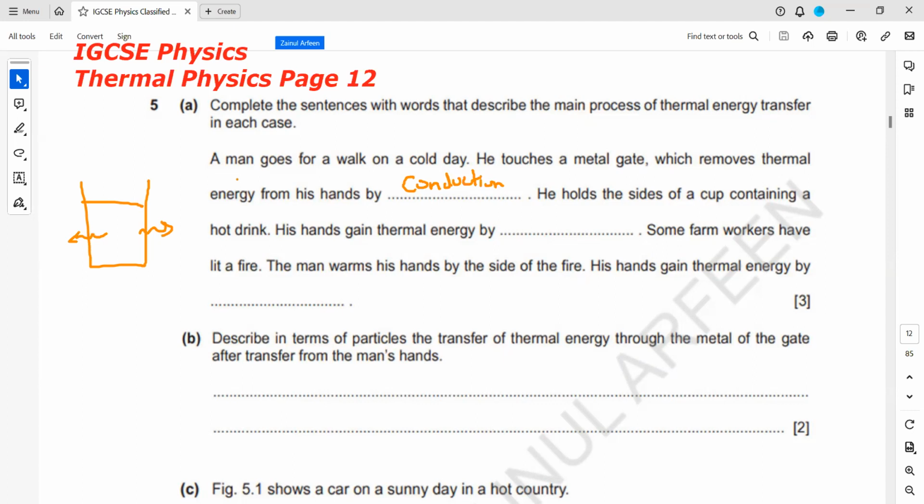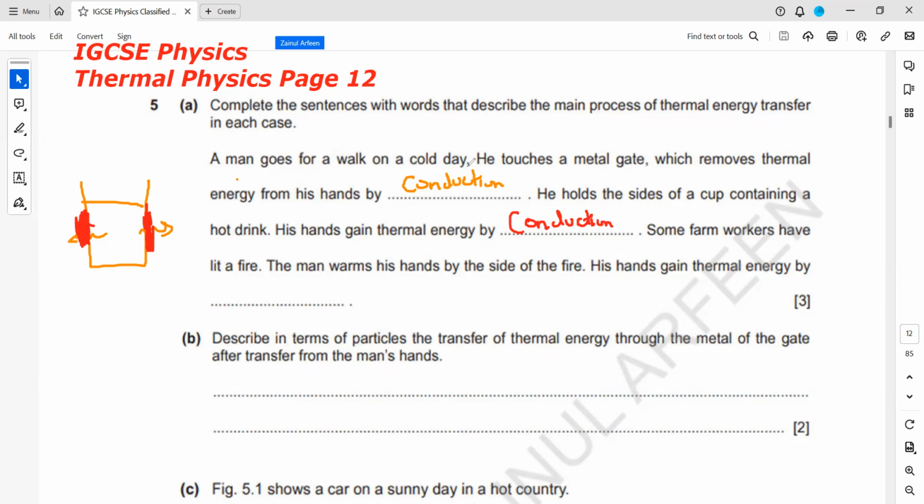Again, he's in contact. Whenever you're in contact, how will the energy transfer? Conduction again. So whenever two different objects are in contact, the energy transfers by conduction. So this is also conduction.